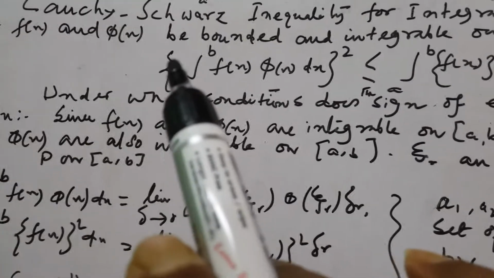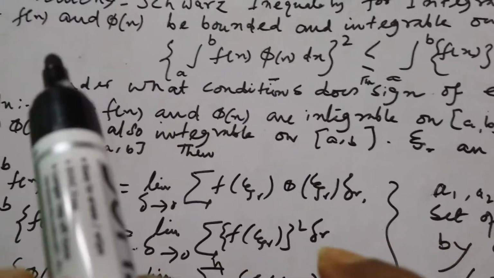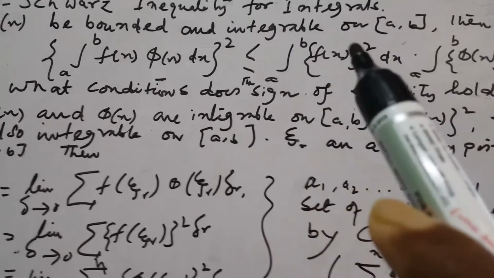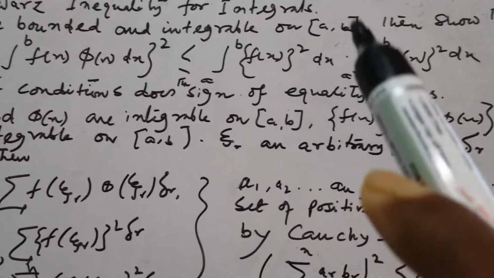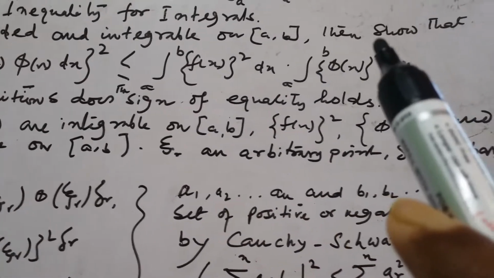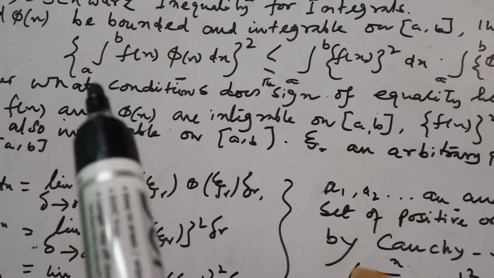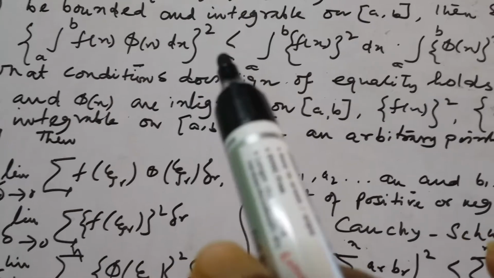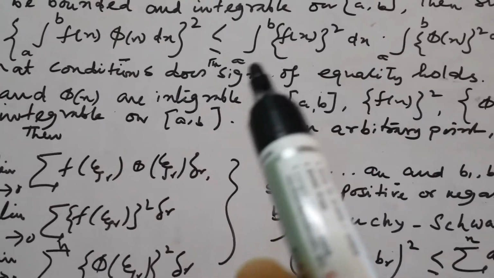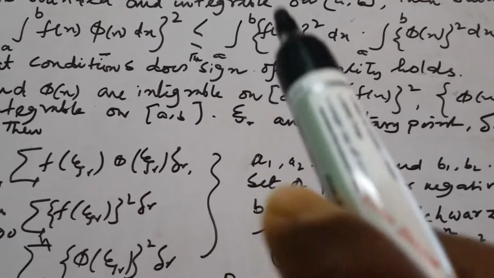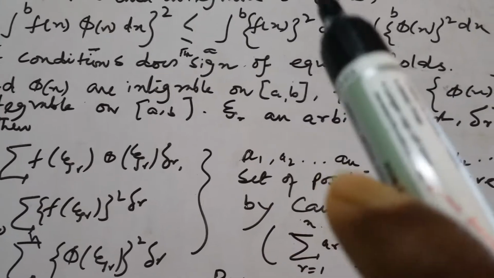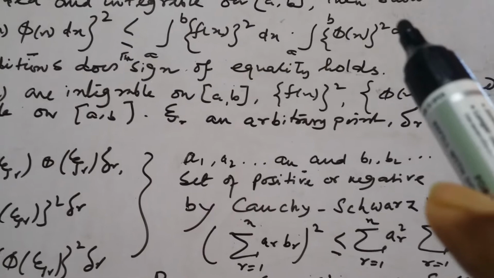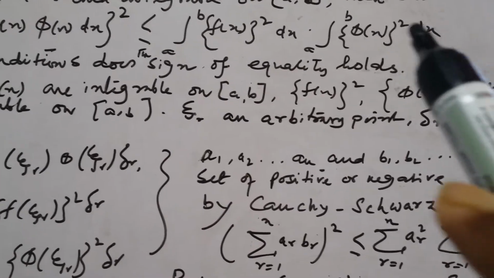If f(x) and phi(x) are bounded and integrable on the closed interval [a, b], then show that the square of the integral from a to b of f(x) phi(x) dx is less than or equal to the integral from a to b of f(x) squared dx times the integral from a to b of phi(x) squared dx.